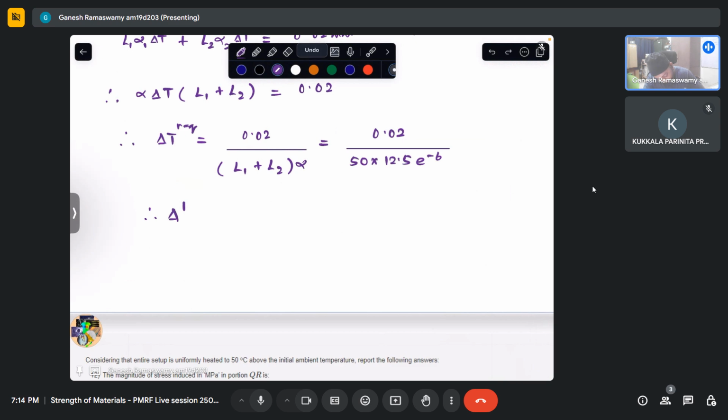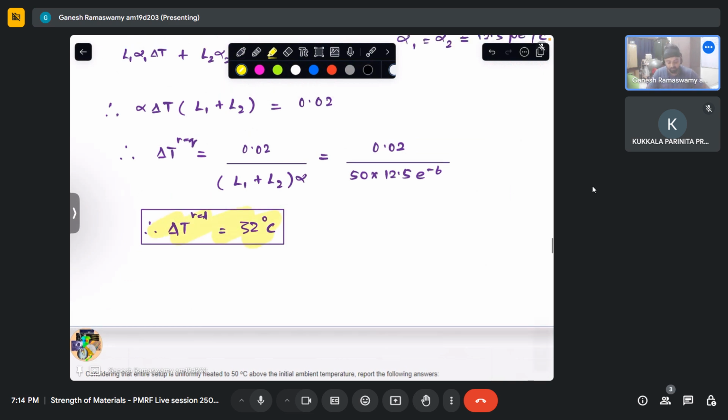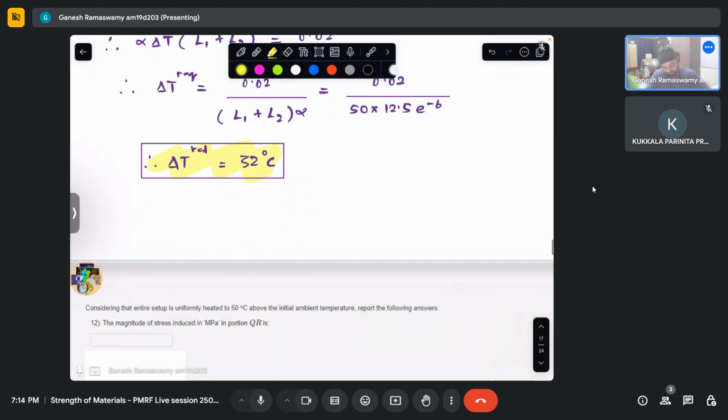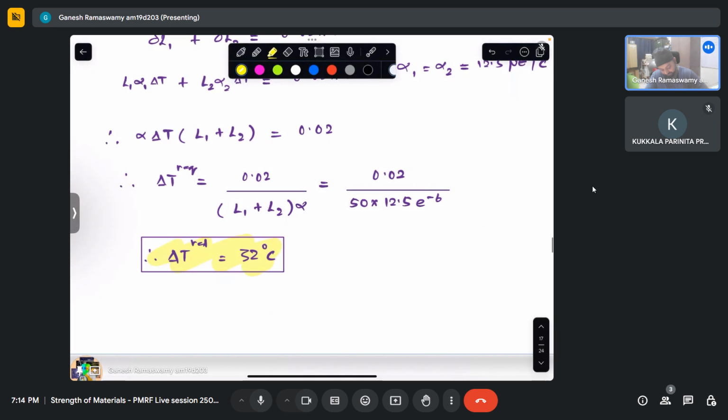So delta T required to close the gap is 50 into 12.5 E minus 6 inverse into 0.02, which is 32 degrees. So if I were to raise the temperature by 32 degrees, the gap will close. So far so good. So this is my answer for the first part.